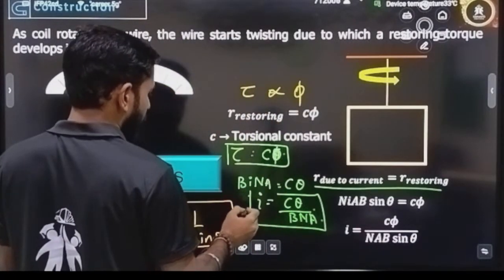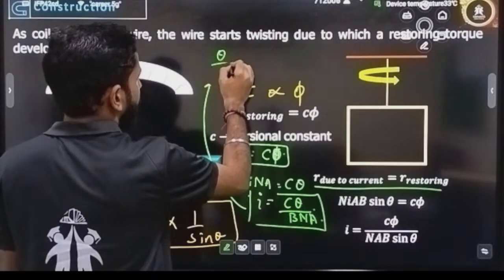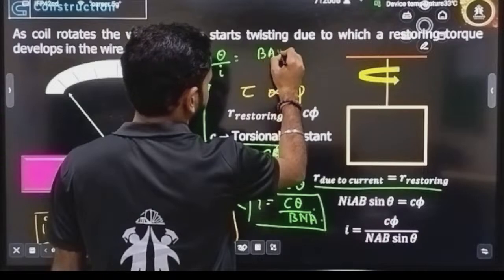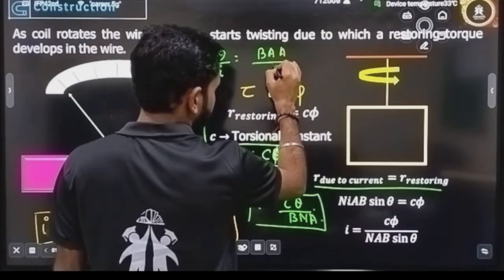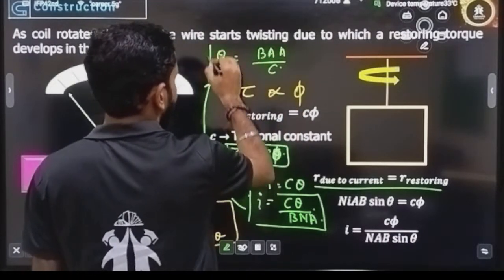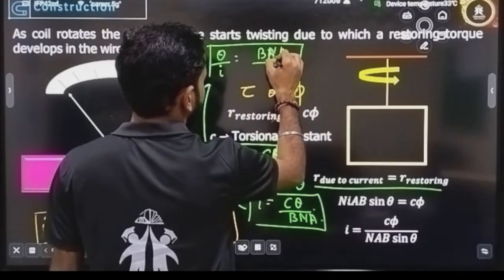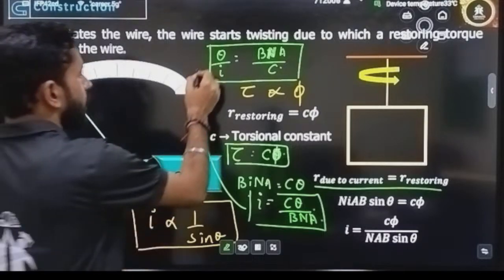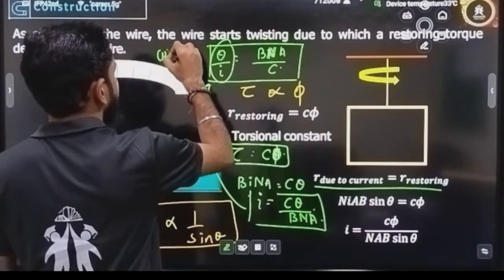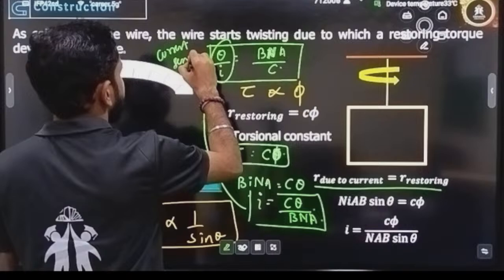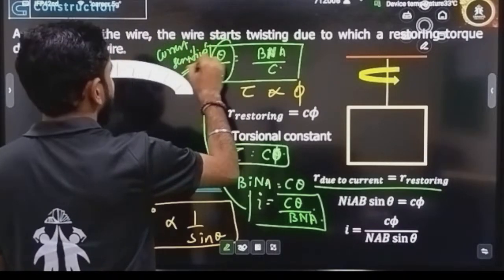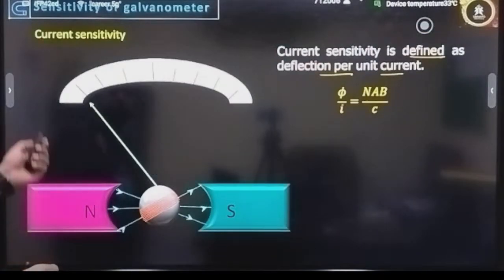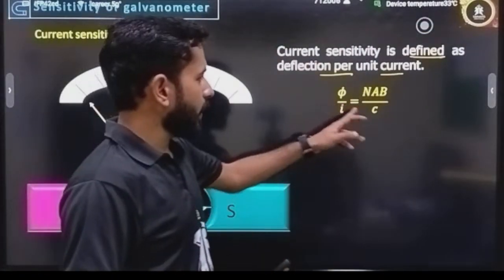Current sensitivity is defined from here as theta by I. Theta by I can be written as B N A divided by C. This is defined as current sensitivity, also called phi by I or theta by I. I will tell you, it is also defined separately here. Current sensitivity is the term B N A divided by C.